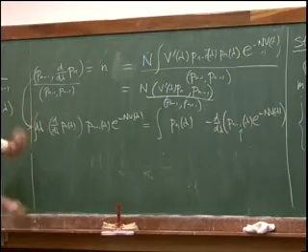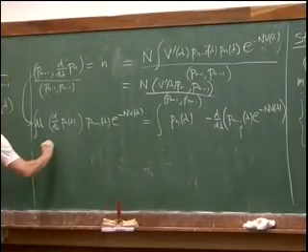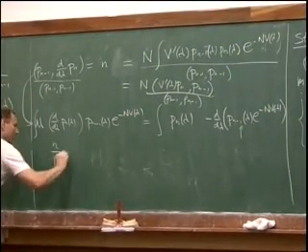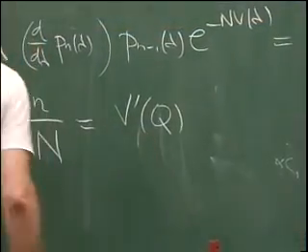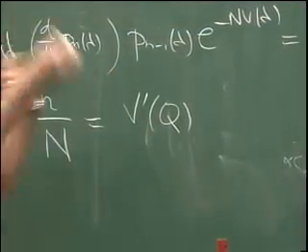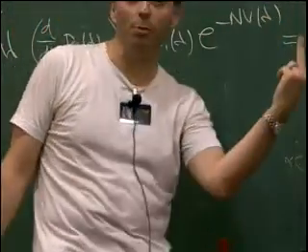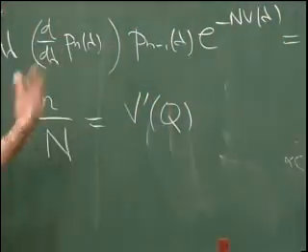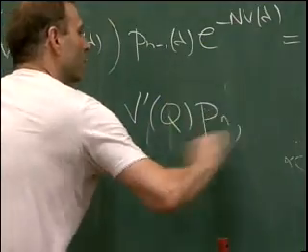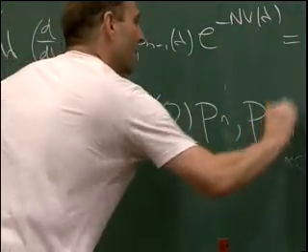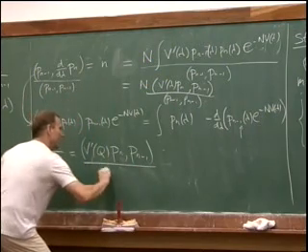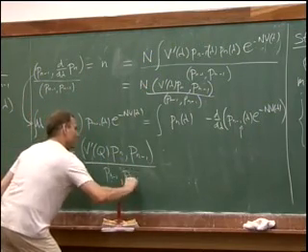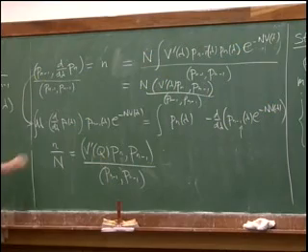Or if you prefer, what I just showed you is that n over big N is just v prime of Q. My operator Q is the operator of multiplication by an eigenvalue, and v prime is a polynomial. So it is the operator v prime of Q acting on Pn, in scalar product with Pn minus 1, divided by Pn minus 1, Pn minus 1. So this is the equation.